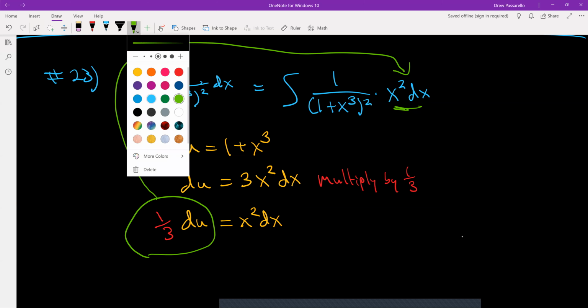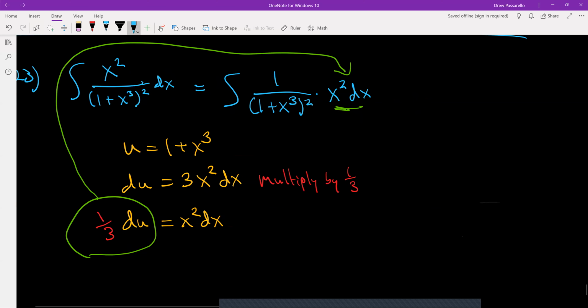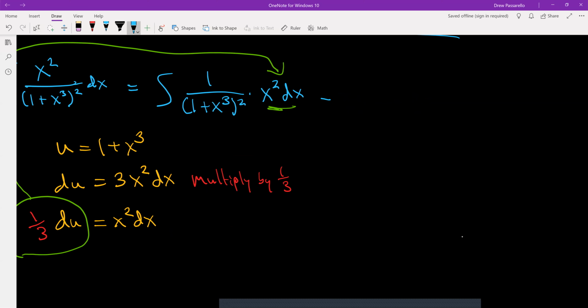Now I've got to go ahead and substitute, so I'll have 1 over, and then u is the 1 plus x cubed portion, so it'll be u, and then squared. And then x squared dx is 1/3 du.